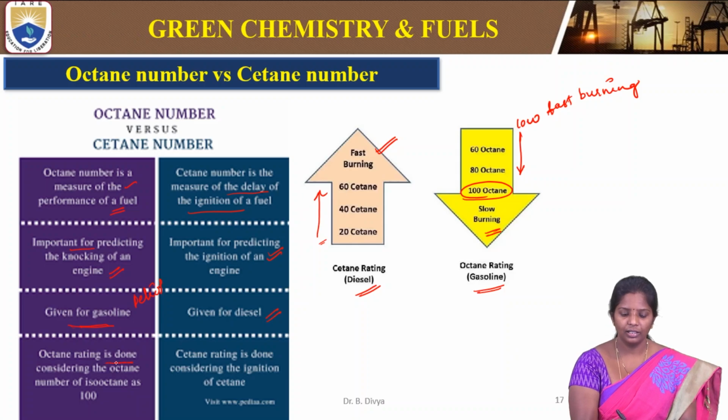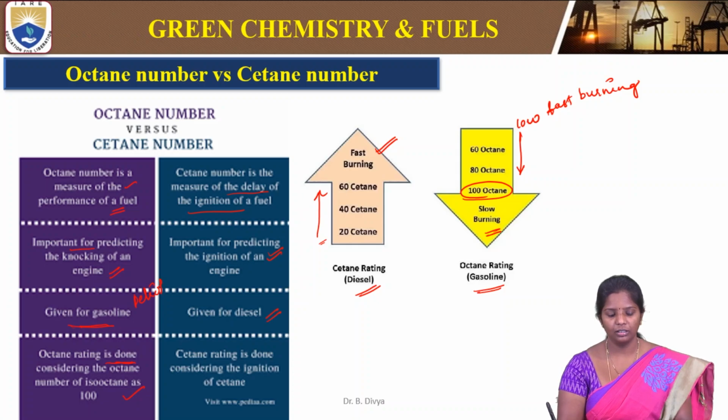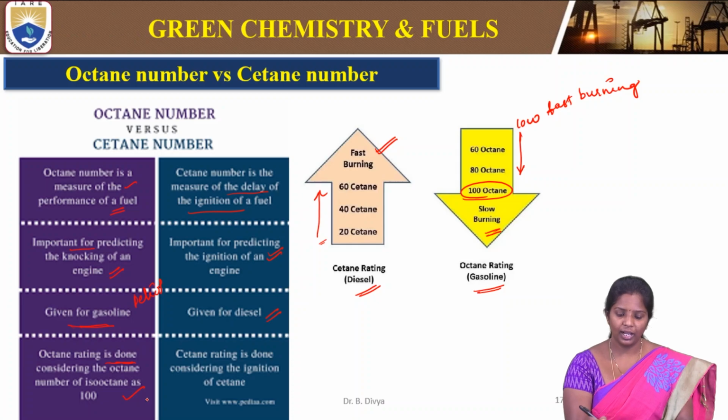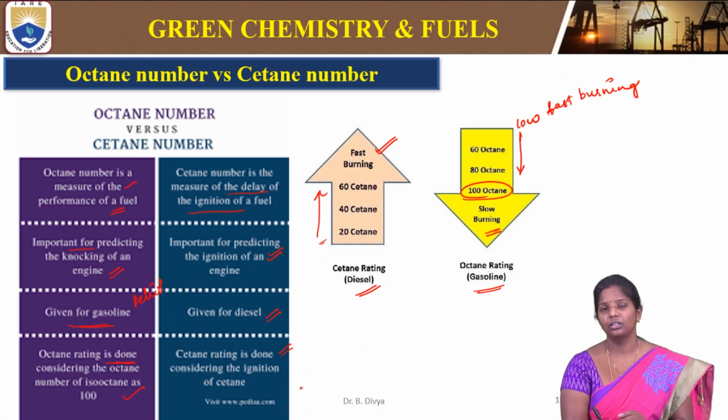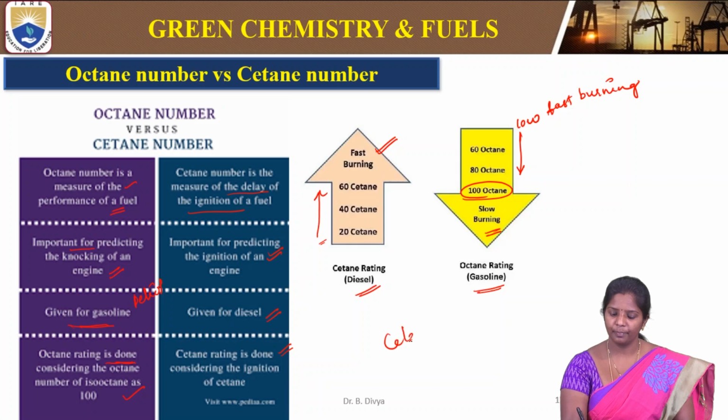Octane rating is done with isooctane considered to be 100, and cetane rating is done considering the ignition of cetane. Cetane gives the ignition property of that particular fuel.